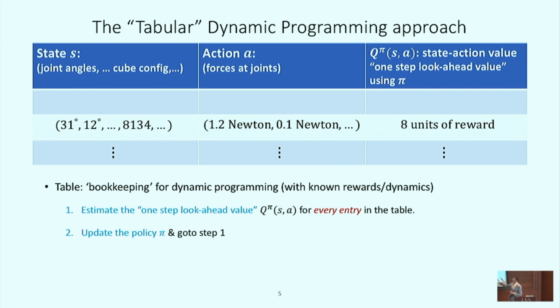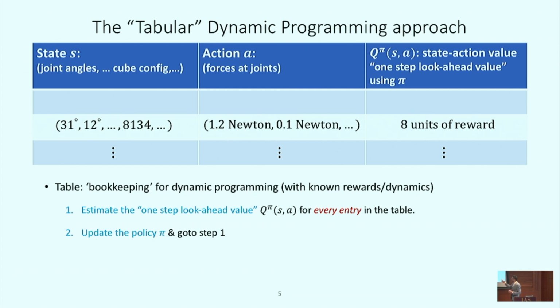In that last example, you can think of a state as consisting of the joint angles in the robotic fingers, and maybe the cube configuration. We can think about the action as the forces that are going to be applied at the actuators at the various joints. They're clearly continuous, so this table is infinite.